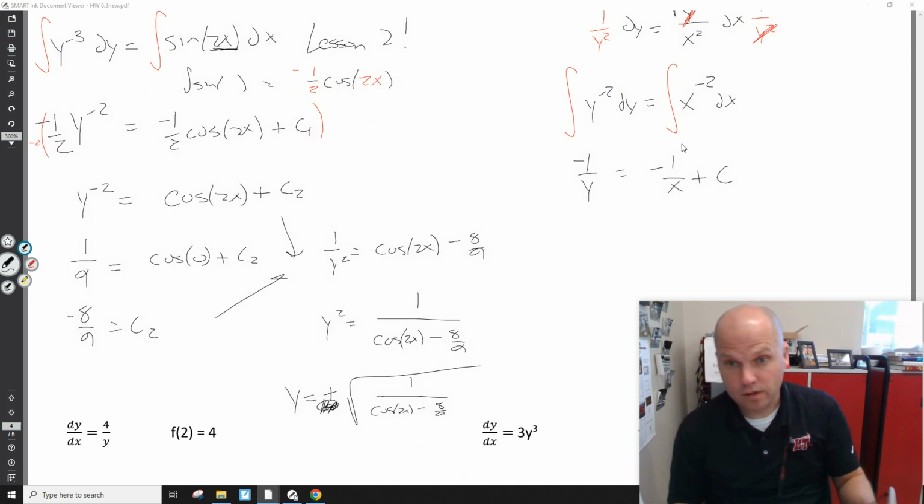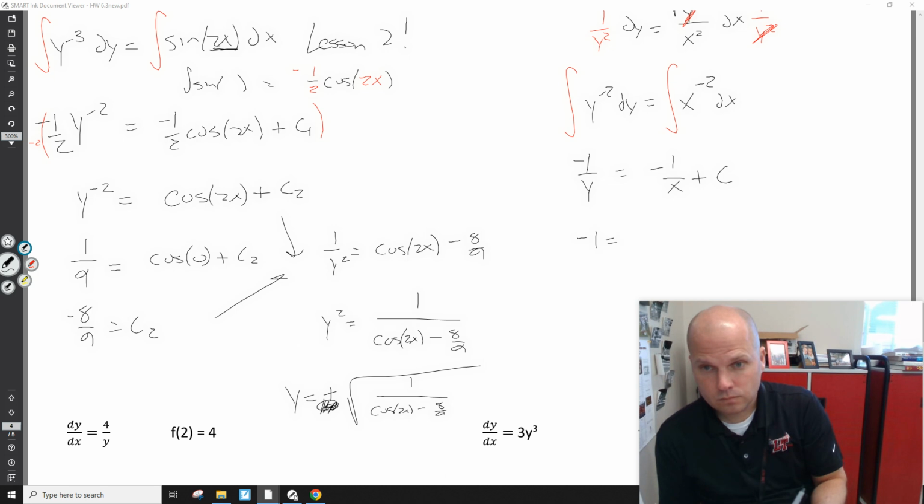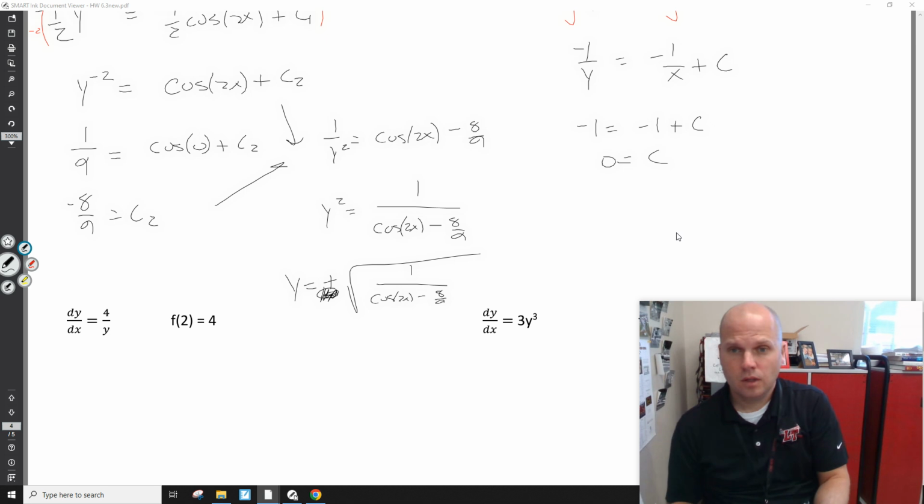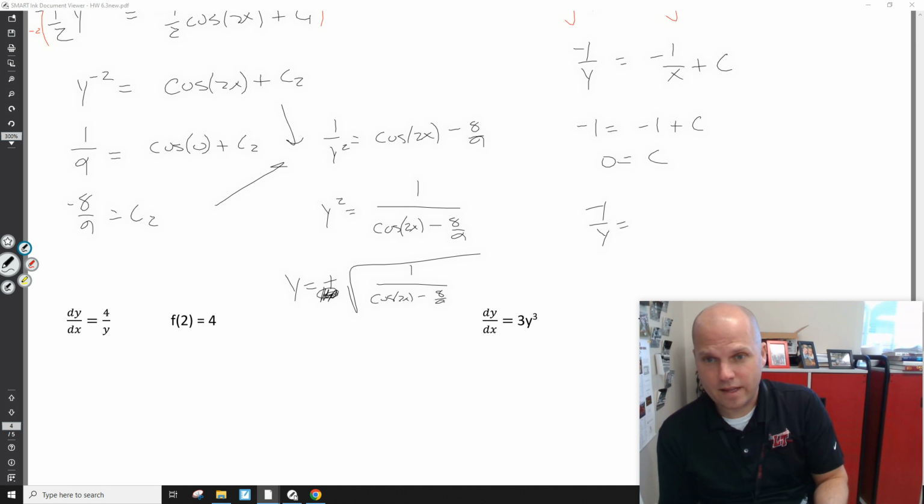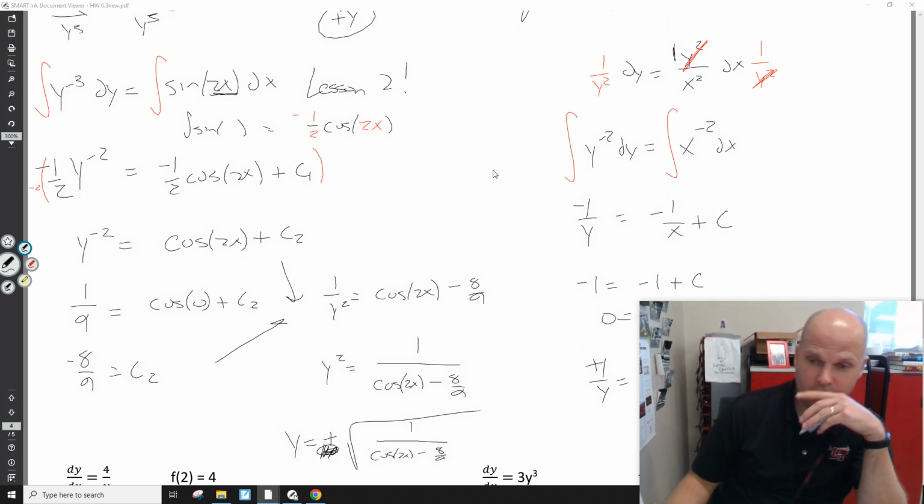Both sides' antiderivatives are the same. F of 1 equals 1. C is 0. I get negative 1 over y equals negative 1 over x. Take the opposite of both sides, flip both sides, y equals x. That's pretty incredible.